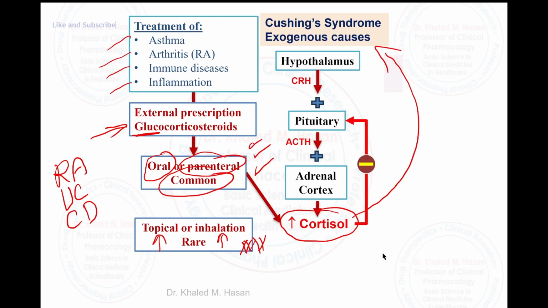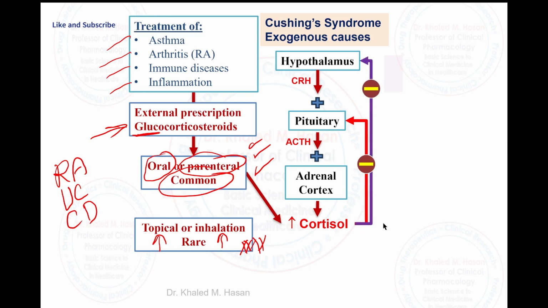We also need to remember a concept we covered in our discussion. When you prescribe cortisone or glucocorticoids to your patient, they exert negative feedback on the pituitary and also negative feedback on the hypothalamus.